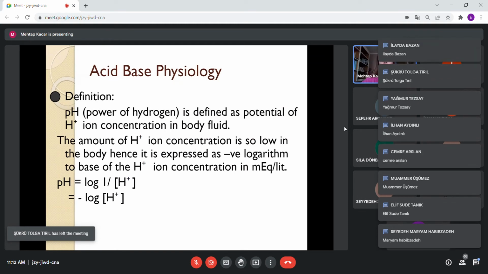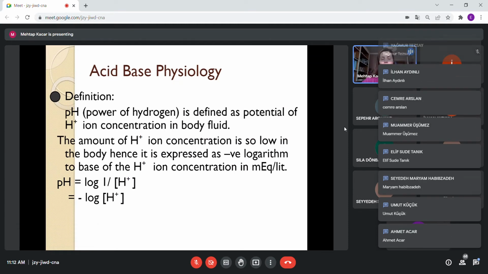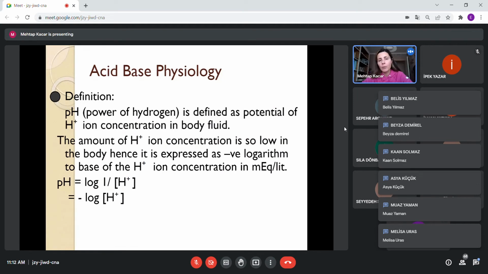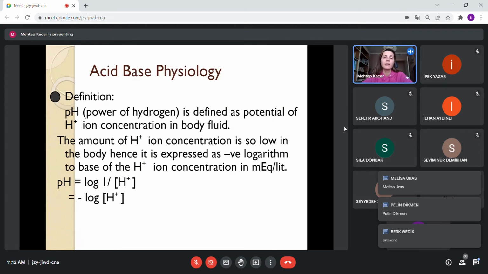pH represents the power of hydrogen, and pH is defined as the potential of hydrogen ion concentration in body fluid. We can calculate the pH of our body fluid, and sometimes the pH of other liquid materials.